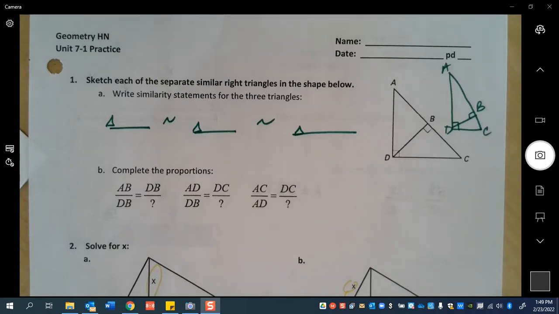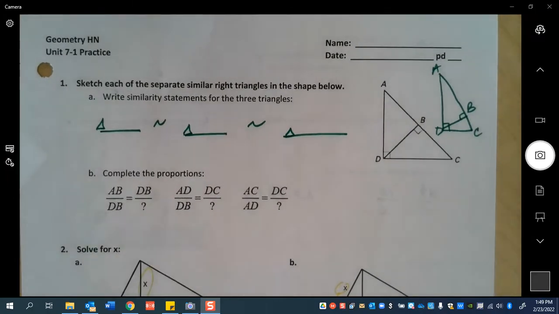And it'll help you to see where your short legs are: BC and DB and DC. Those are short legs. It'll help you to see where your long legs and where your hypotenuse is. That way when you complete these proportions, that should be easier. Thumbs up if that makes sense to you. Okay. That should have been a strategy that you knew how to do because that's just similar triangles from last unit.